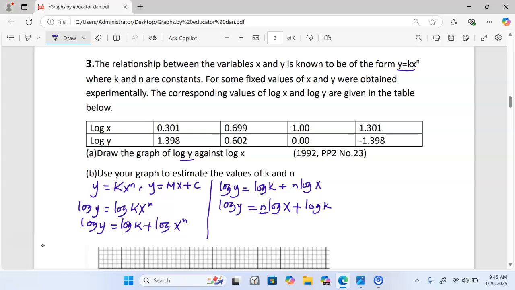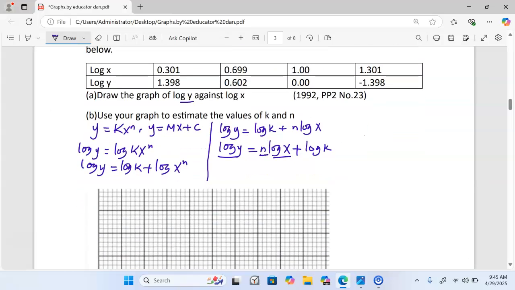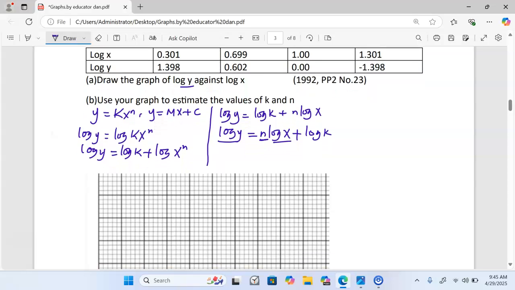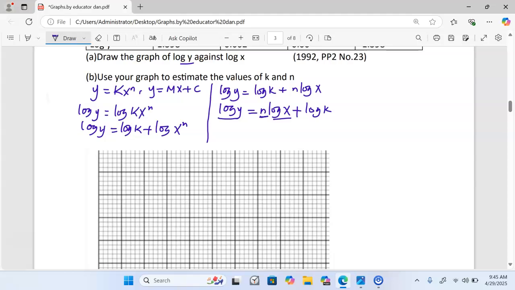Since we have been given already the values for log y and log x, we move down and plot our graph. Remember, log x has values ranging between 0.3 and 1.3, and we have the values of log y ranging between positive 1.398 and a negative of the same value.